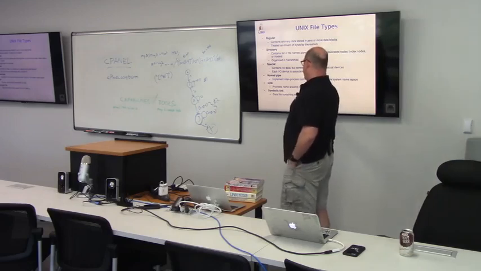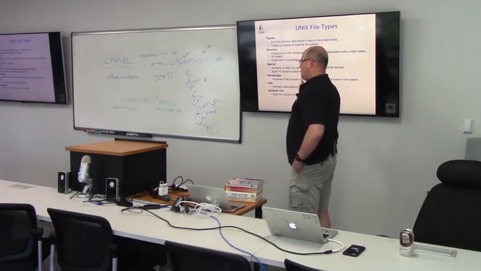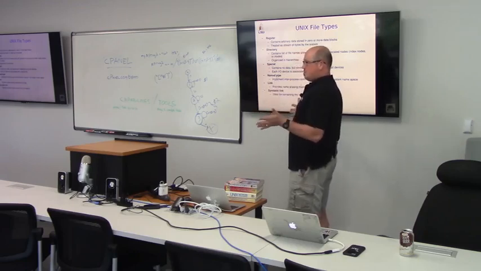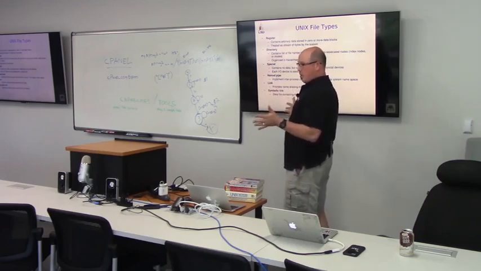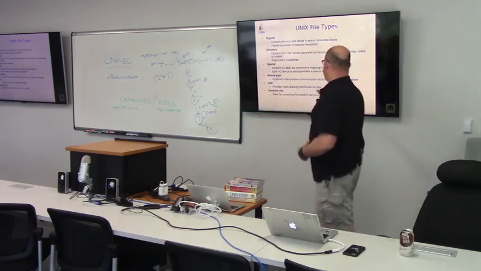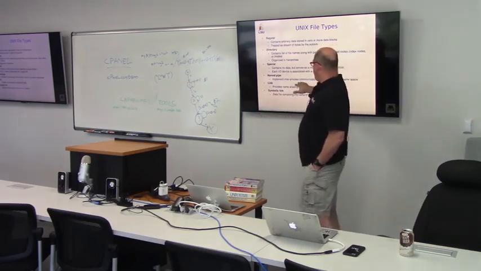Named pipe. This is a way for the operating system to track a file, let's call it a file or a named thing, that can then be used for two programs to communicate with one another, and this is called IPC, or inter-process communication. They're very neat.